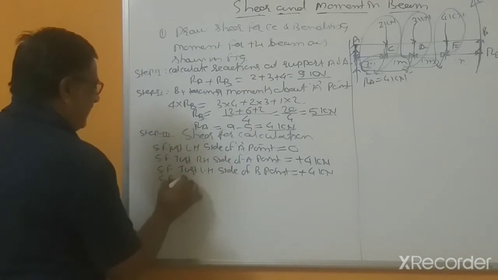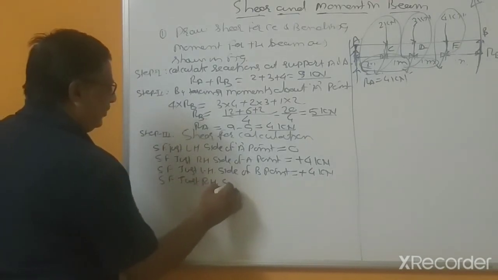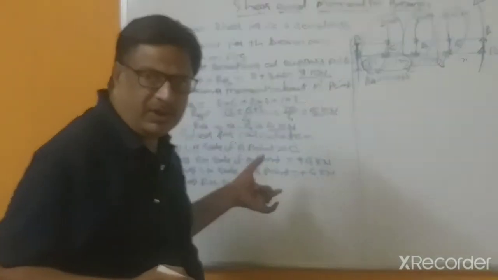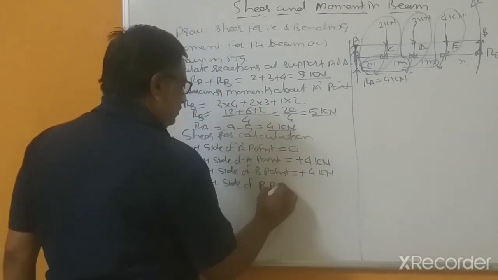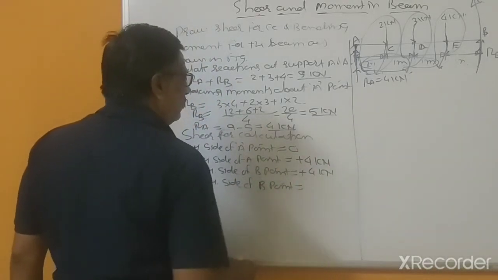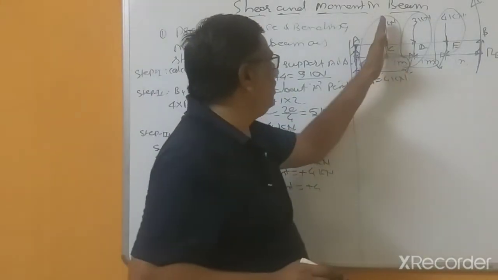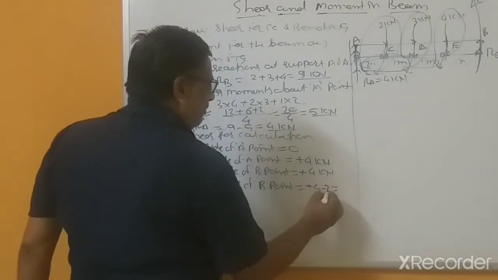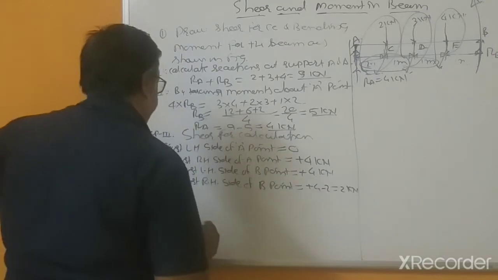Shear force just right hand side of, so I am writing in detail, B point. Now this is plus 4 because this is upward, and this force of 2 kilonewtons is downwards, so minus 2, and this is equal to 2 kilonewton.